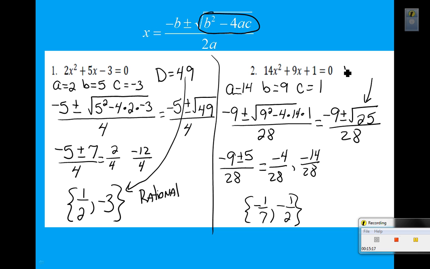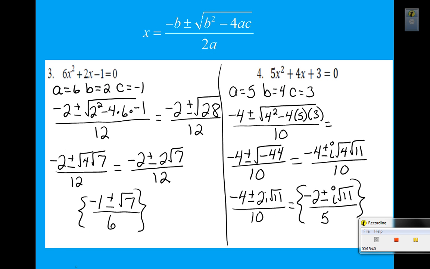The value of the discriminant was 25. I know the square root of 25. As soon as I knew the square root of 25, I knew I was going to get 2 rational numbers. Rational means there's no radical in there. Rational means it could be written as a fraction.